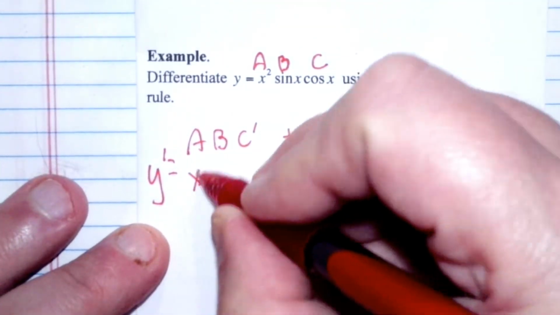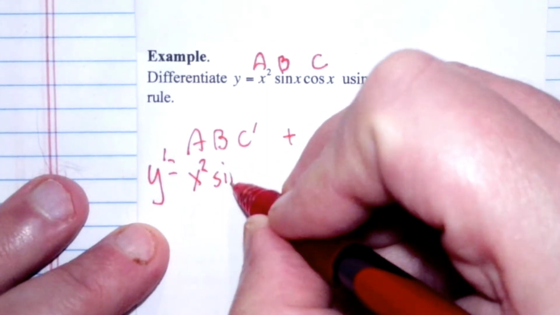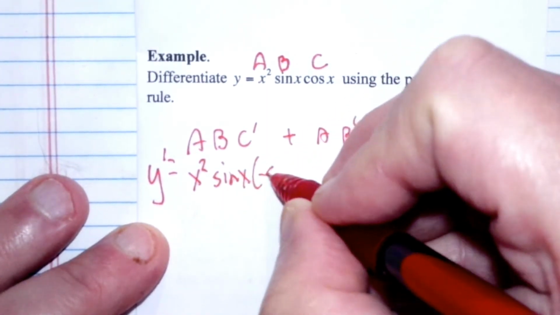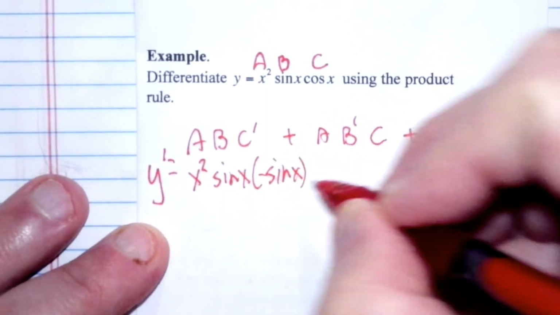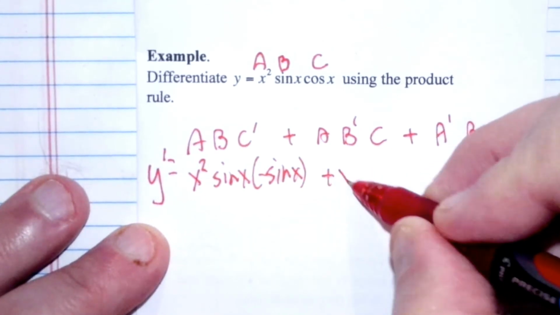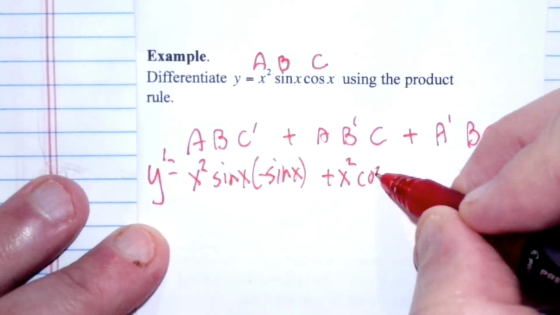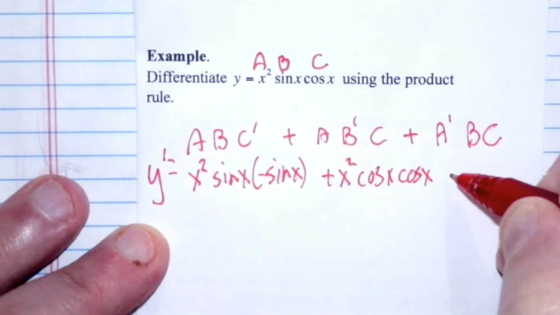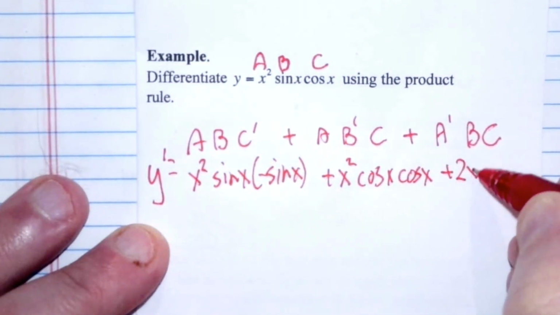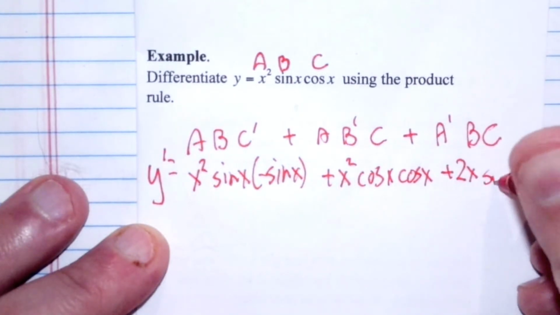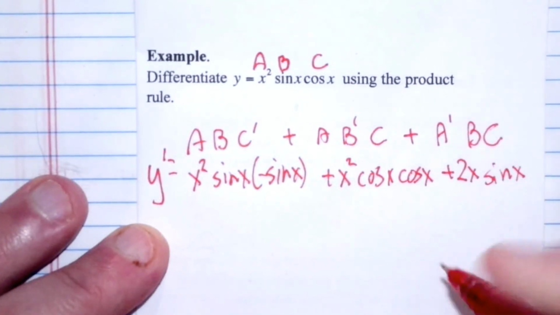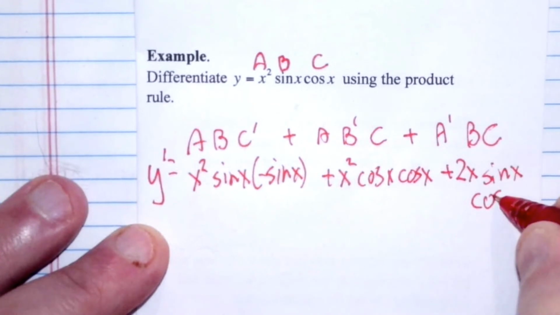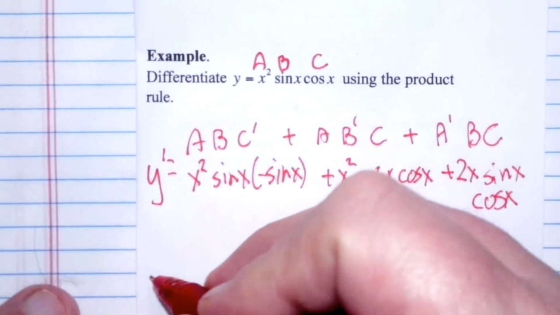We're going to get x squared times sine x times negative sine x plus x squared times cosine x times cosine x plus 2x sine x cosine x. Ran out of room there, sorry about that.